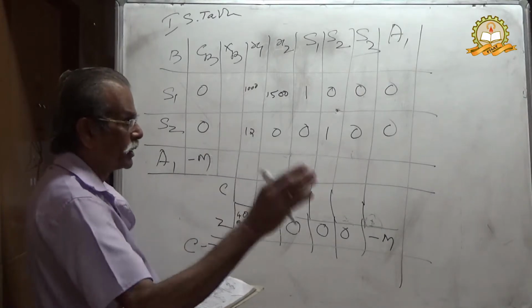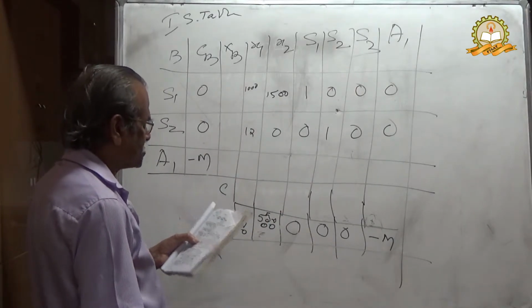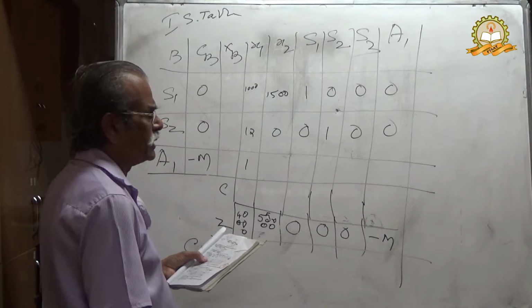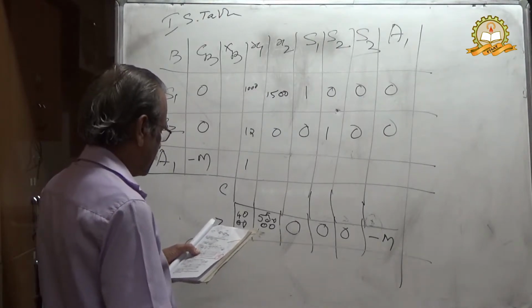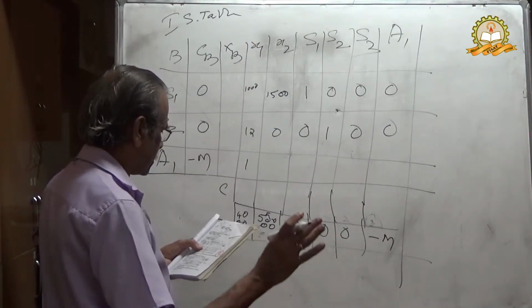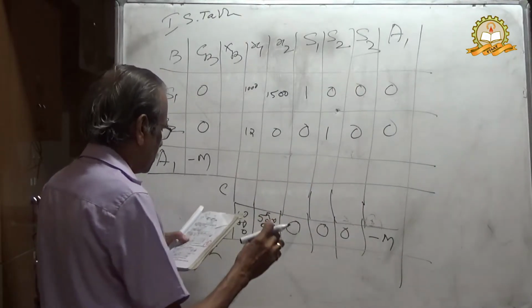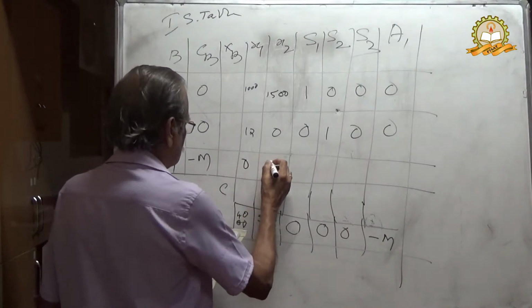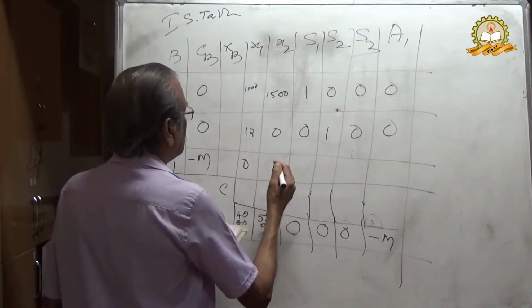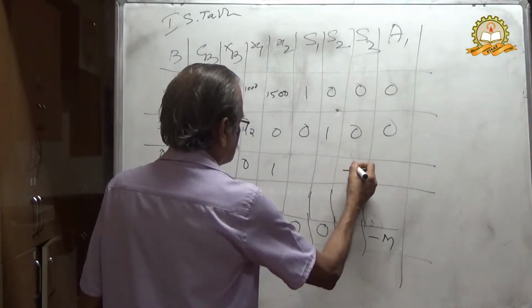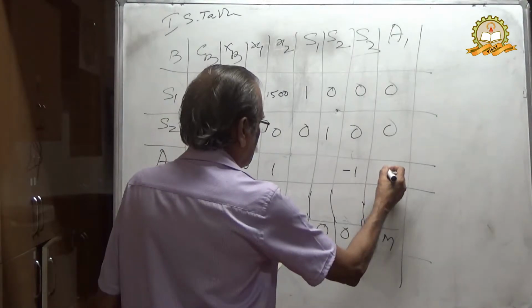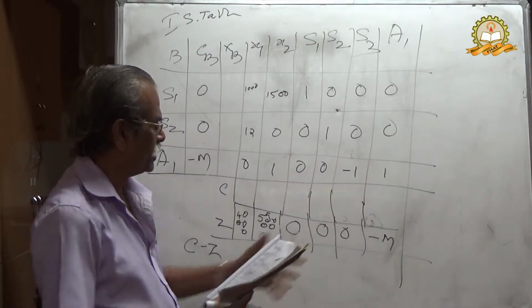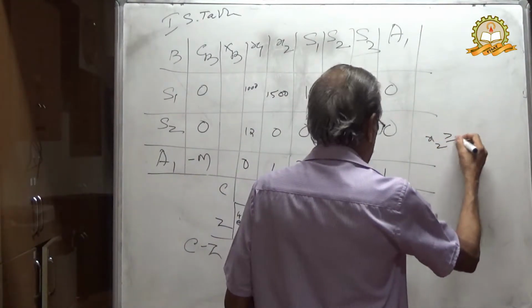Then the third equation: x2 greater than or equal to 5.